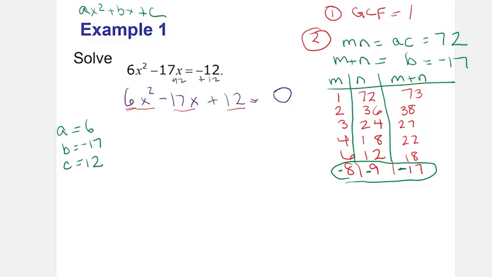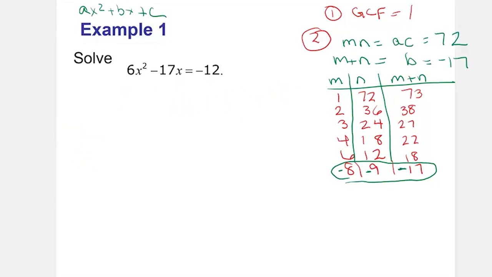Okay. So let me make some room here. I think what I'll do is I'll erase some of this stuff and move it around. Here, I'll put A equals 6, B equals negative 17, C equals negative 12, okay?